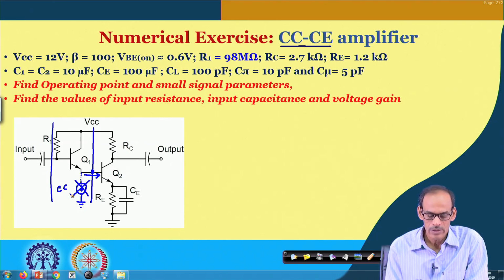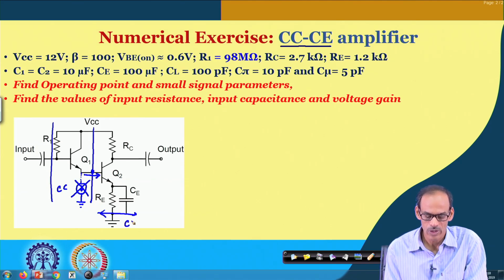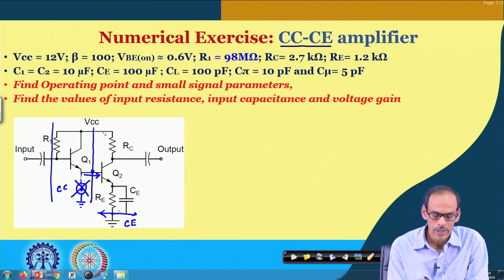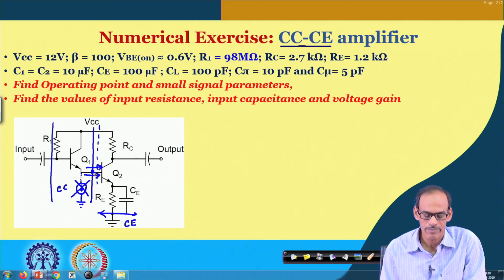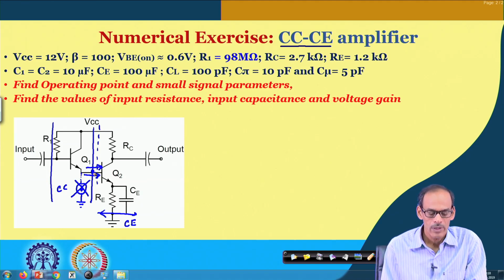On the other hand, Q2 forms the CE amplifier, and for this CE amplifier, while we are feeding the signal at the base, along with the signal we also require a meaningful DC voltage at the base of Q2.